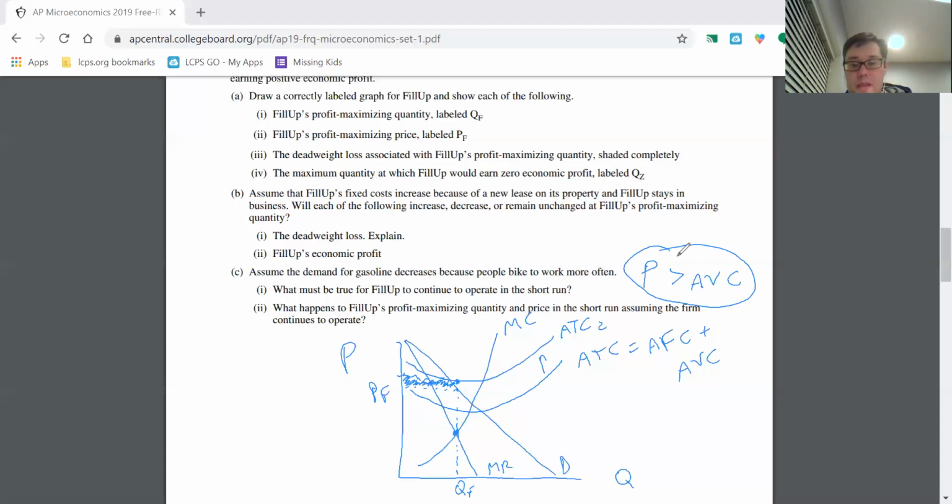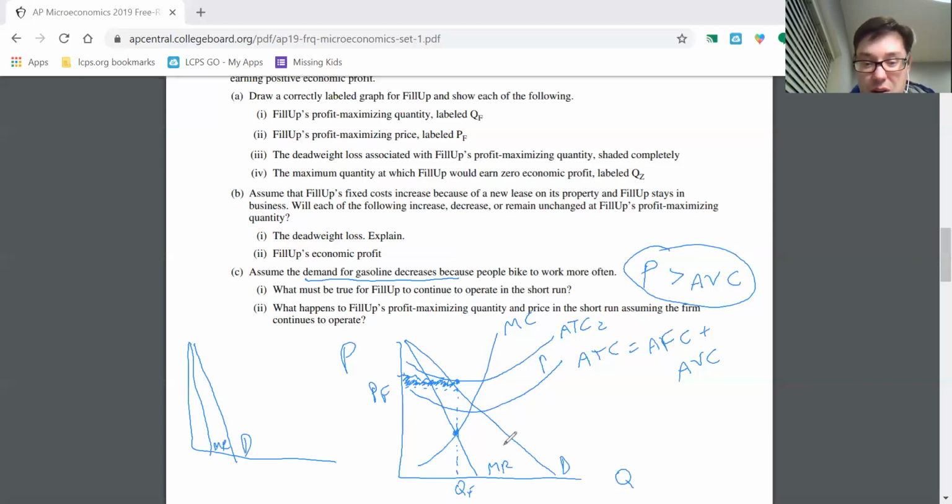Well, we know from up here, demand for gasoline decreases. So if we were going to redraw this graph, we know these demand curves and the marginal revenue curve are shifting inward. Demand is much less at every price, and the same thing for marginal revenue.